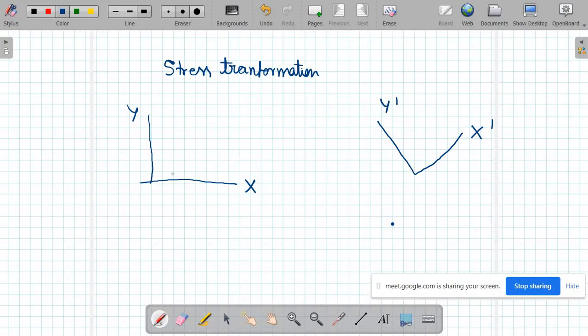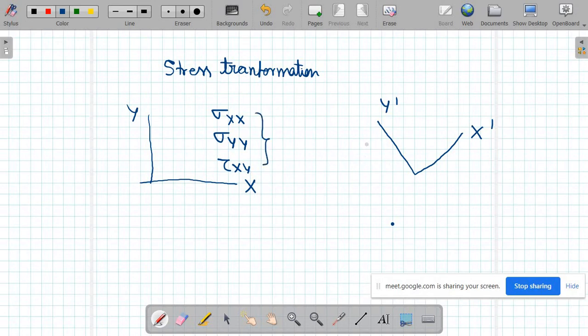Now, here this is the x and y coordinate system, and we have data of stresses in terms of sigma xx, sigma yy, and shear xy. So, this you can write.